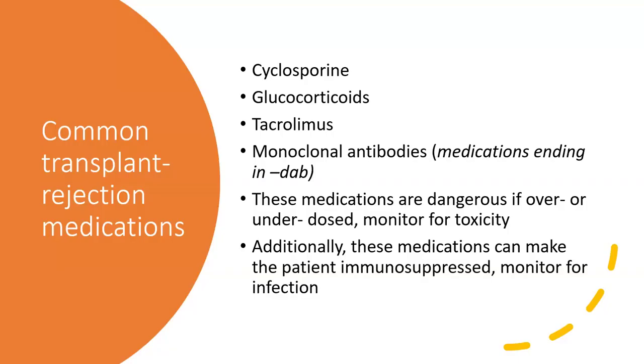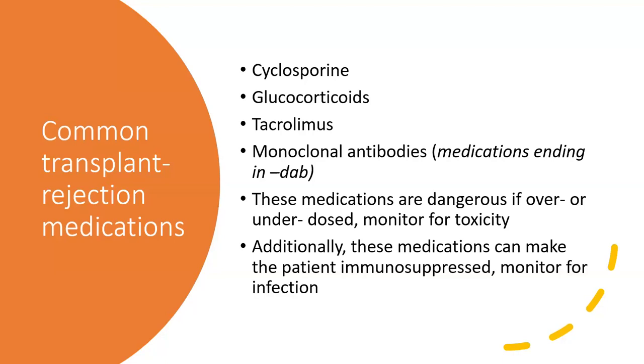So once we do a transplant, we often have to manipulate the immune system to help prevent rejection of that transplant. When we say that a transplant is being rejected, what we actually mean is that the body is trying to attack that transplant because it recognizes that those skin cells, those liver cells are not the patient's.